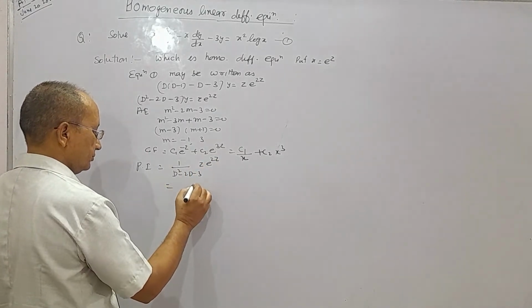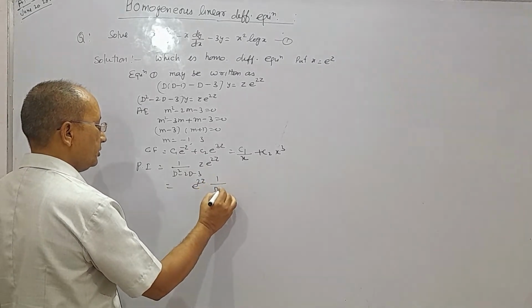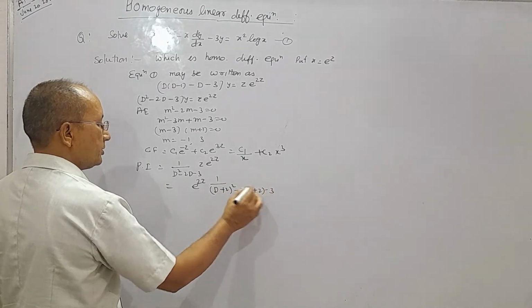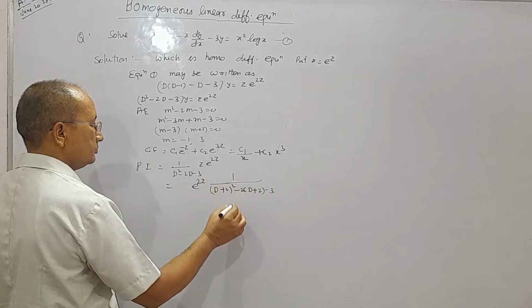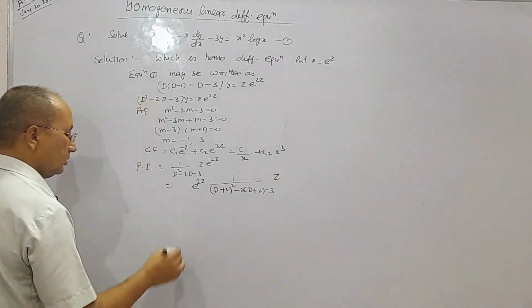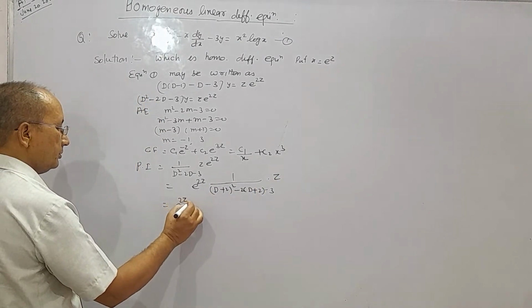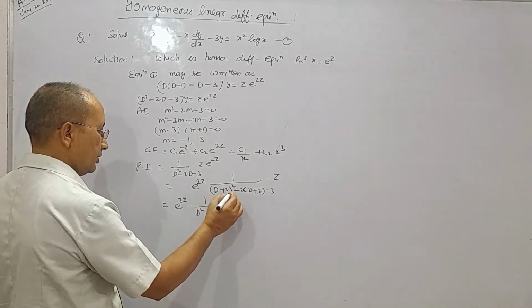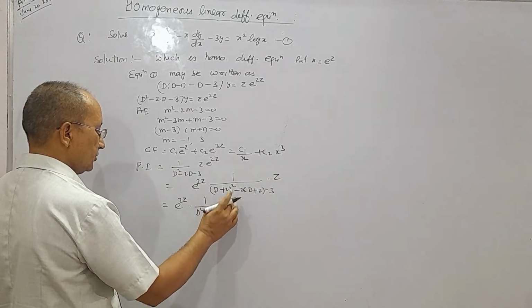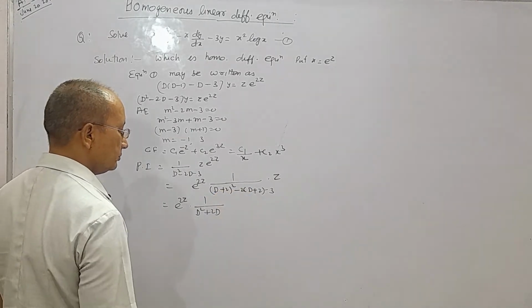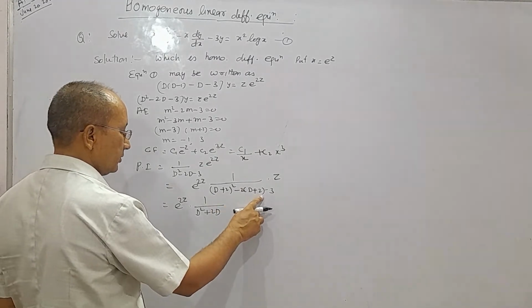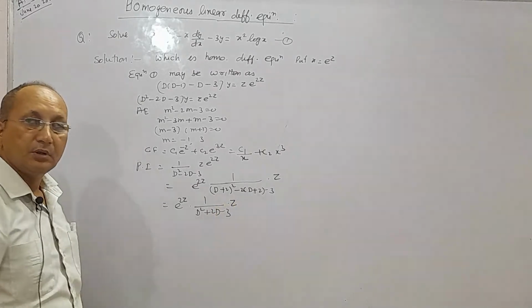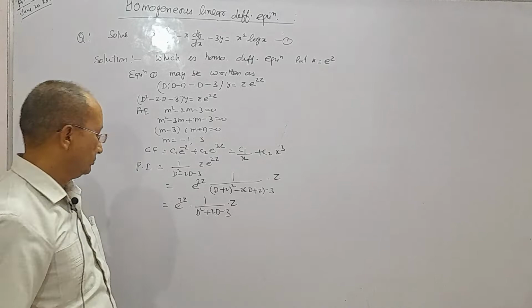Shifting e to the power 2z, 1 upon D plus 2 whole square minus 2 into D plus 2 minus 3 into z, which is e to the power 2z 1 upon D square plus 4D minus 2D plus 2D... 4 minus 4 cancel minus 3 into z. z is an algebraic function.